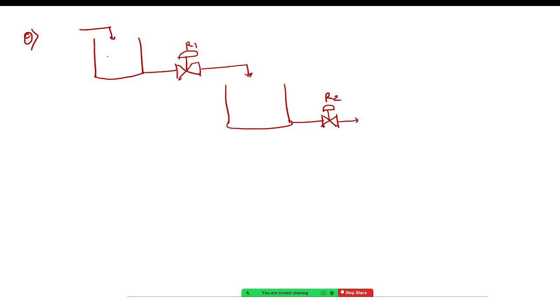This one is R1. The area of cross section is, let's say, 1 meter square, and the inlet flow rate is, let's say, 10 meter cube per second. R1 is equal to, let's say, 0.5, R2 is equal to 1, A2 is equal to 2, fine. Here your height is h1, here your height is h2, right?